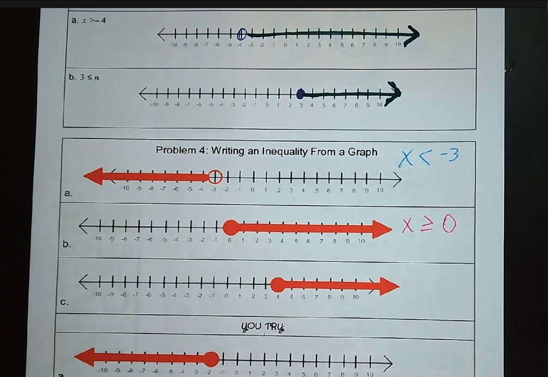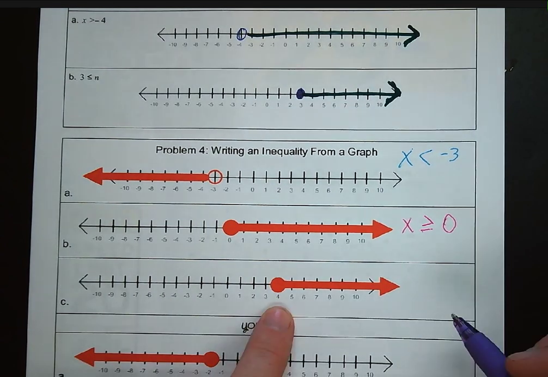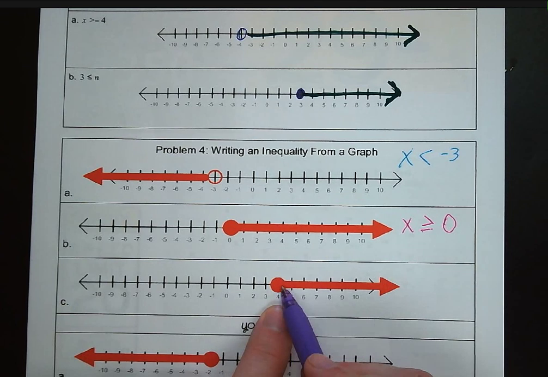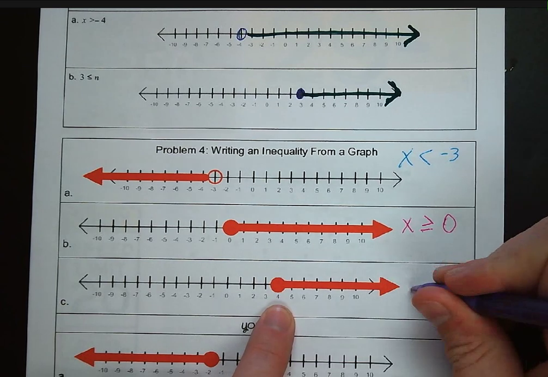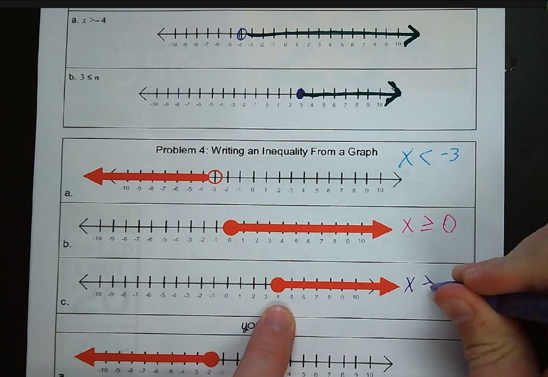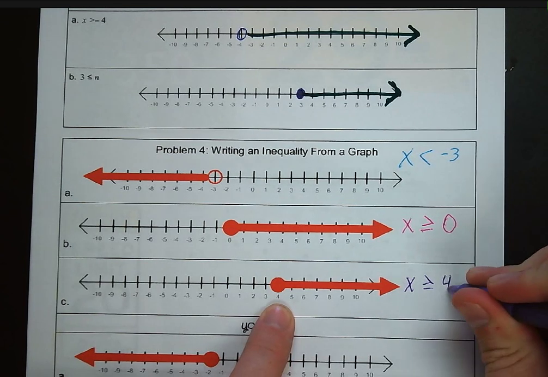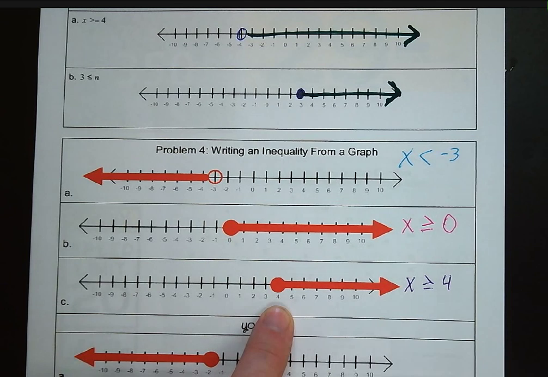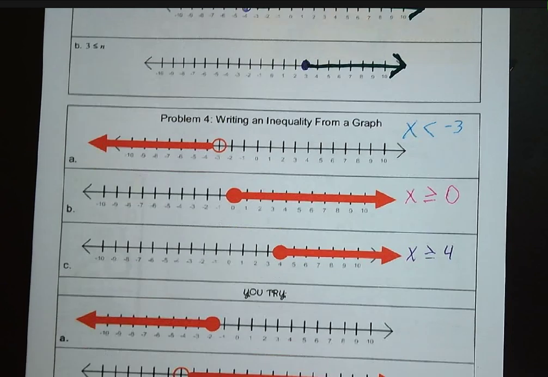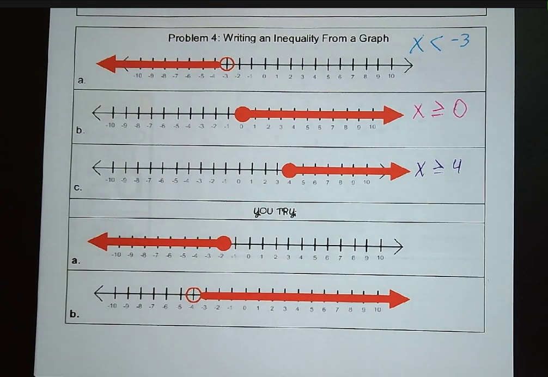Letter C, we have a solid dot that is opening to the right, so x is going to be greater than or equal to 4, because that's where our point is. All right, I want you guys to try letters A and B on your own, and we will go over them.